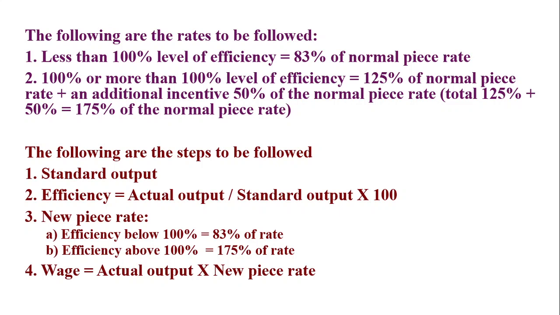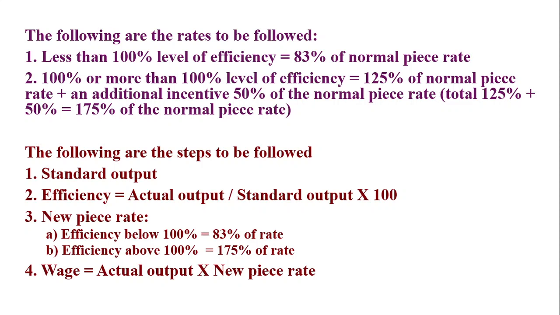And the second rate: if the level of efficiency is exactly 100% or more than 100%, the worker gets 125% of the normal piece rate plus an additional incentive, which is 50% of the normal piece rate.